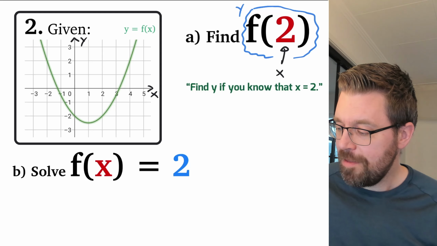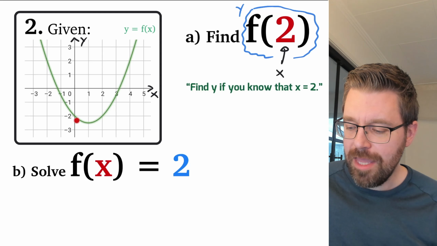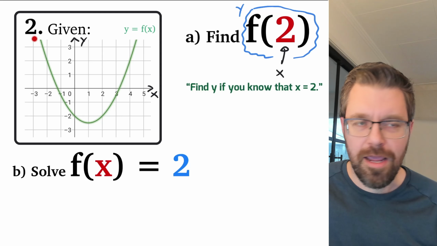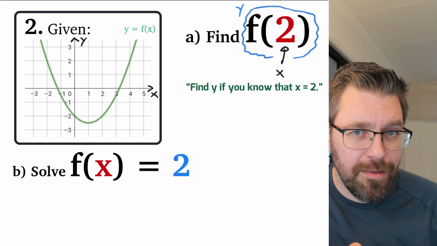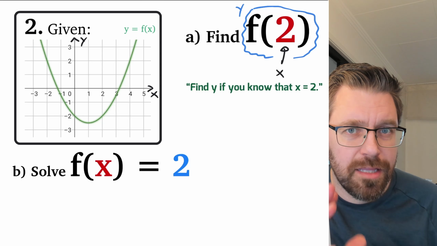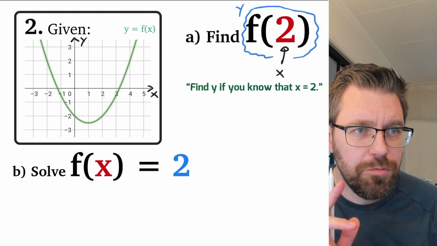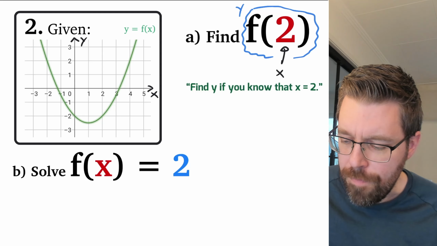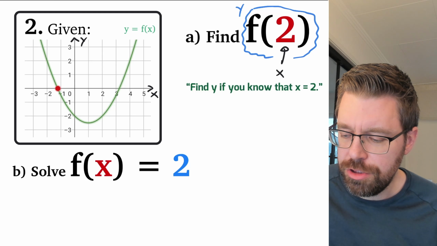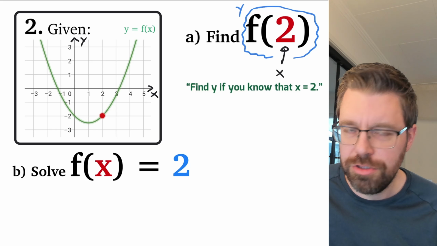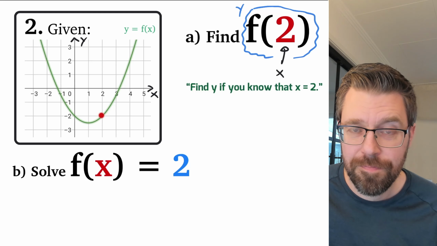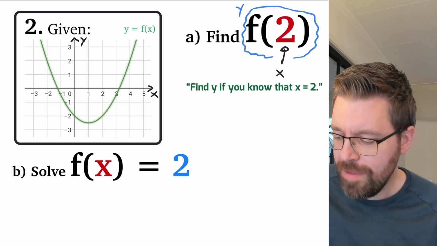Okay, so on this graph, can you tell me where on the line here do we have a point where x equals 2? Okay, say stop. Stop. So, here.